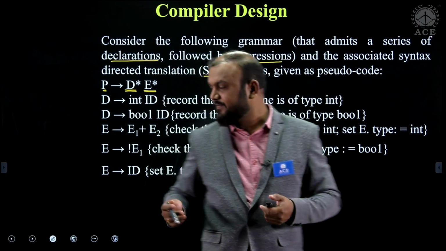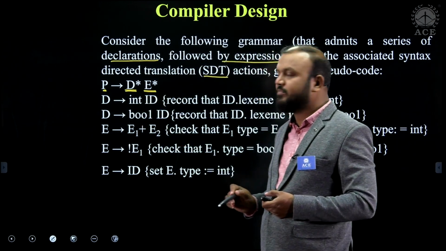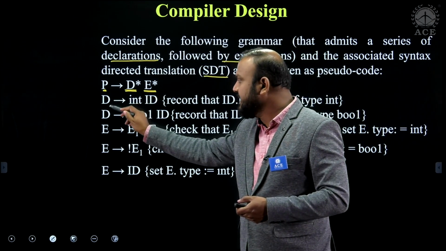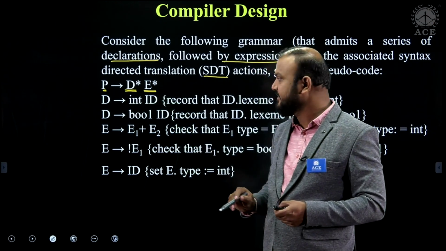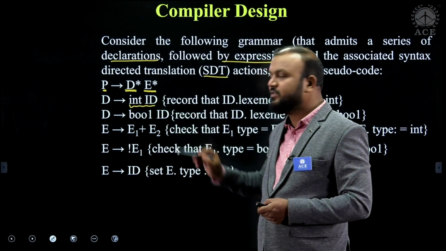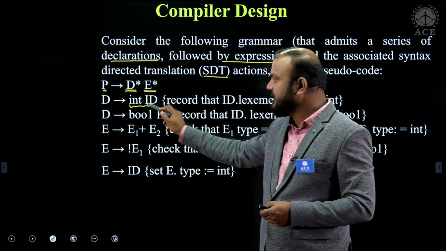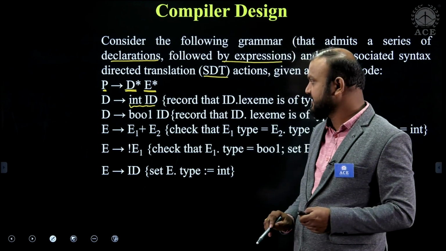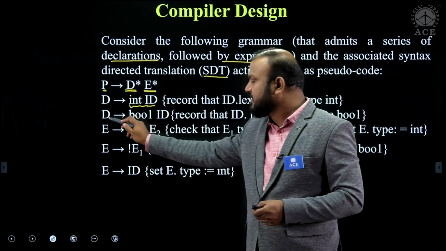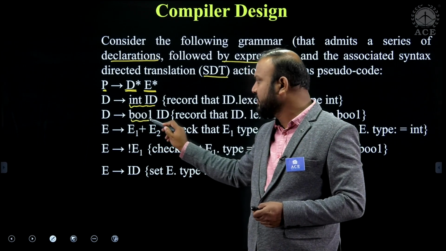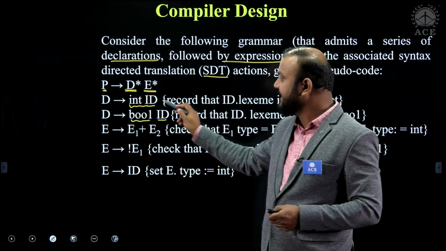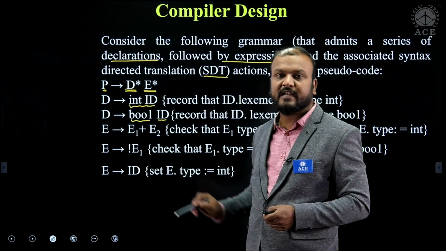And here you observe the second and third production rules. D tends to integer ID. It means it is going to declare an identifier which is of type integer. And in the third production, bool ID, means one identifier is declared which is of type boolean.